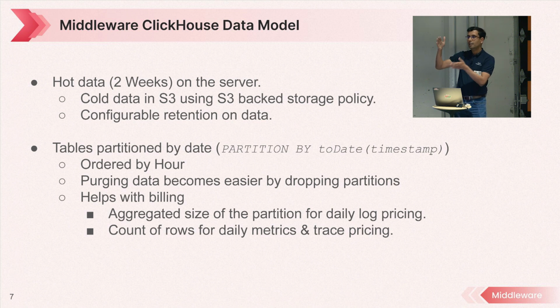Do it for 30 days and you have 1 month worth of size for charging for logs. And you also get the row count per partition every day, sum it up over a month, and you have the number of events that happened over a month. So it becomes very trivial to implement the billing logic for us by partitioning by date and ordering by hour.